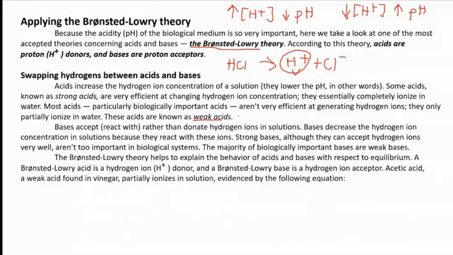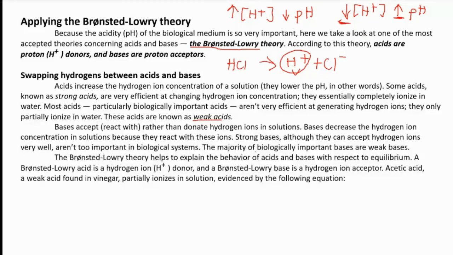Okay? So bases react or accept rather than donate hydrogen ions in a solution. Bases decrease the hydrogen ion concentration in solutions because they react or kinukuha nilang yung H plus kaya bumababa yung H plus. Tumataas yung pH. Kaya kapag basic yung solution, mataas yung pH. Okay?